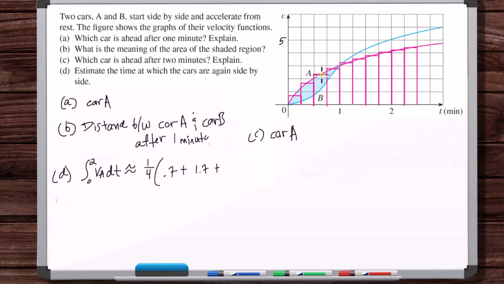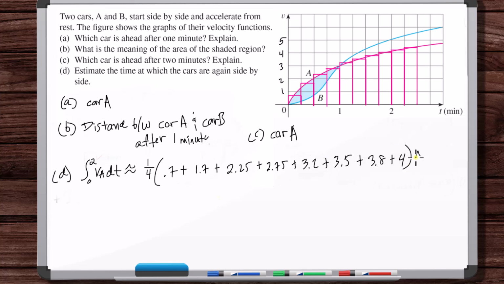Here about 2.25. Here about 2.75. Here about 3.2. Here about 3.5. Here 3.8. Here about 4. Just 4, really. Okay, that's from 0 to 2.